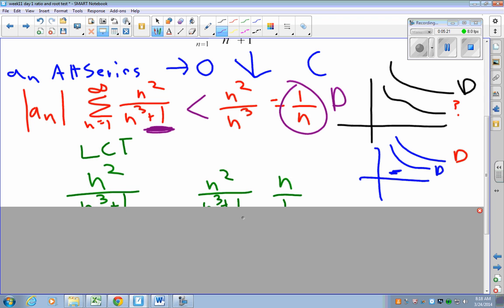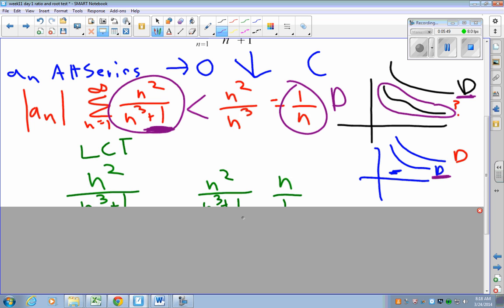Okay? So here's the issue. Using direct comparison test, is this the black one or the blue one? We definitely have the divergent one. But we care about this piece, and that piece is less than it. That means that piece is here. So I don't know what I have.